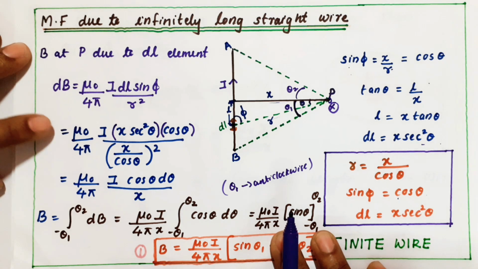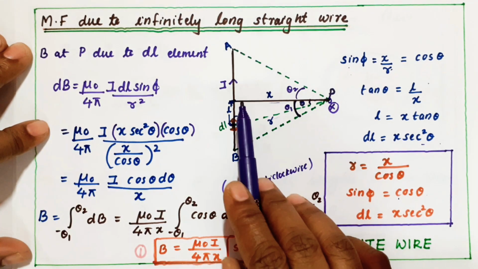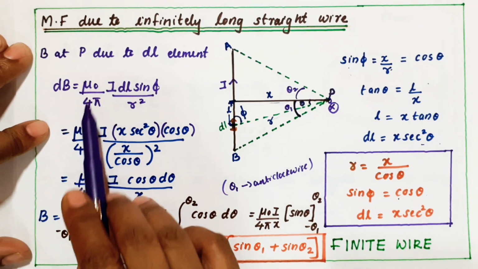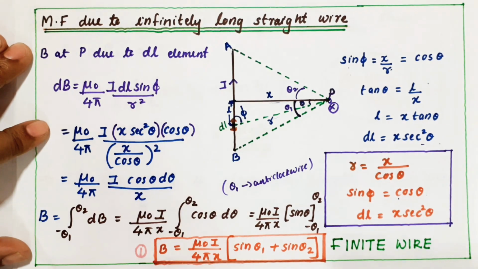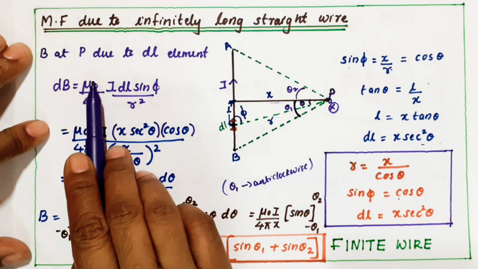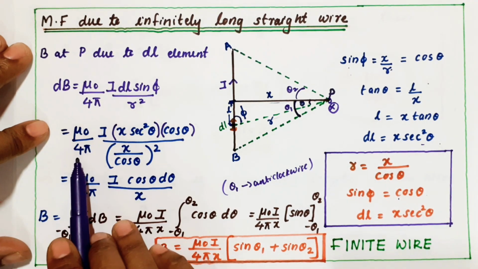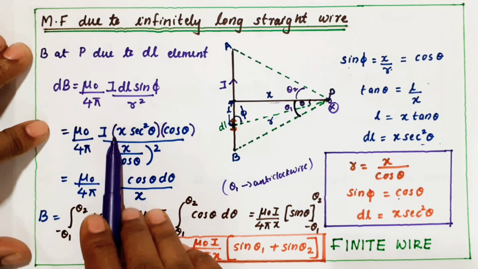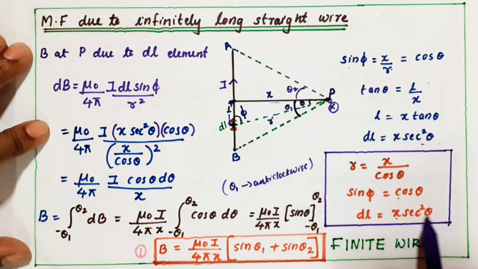Now, in the previous video, I discussed the Biot-Savart law. The magnetic field due to an element of length dl at the point P is dB equals mu naught by 4 pi I dl sin phi by r square. Here we need the value of dl, which is x sec square theta.